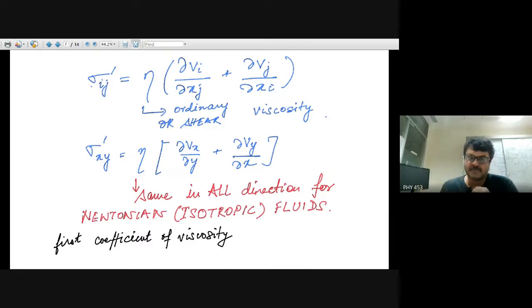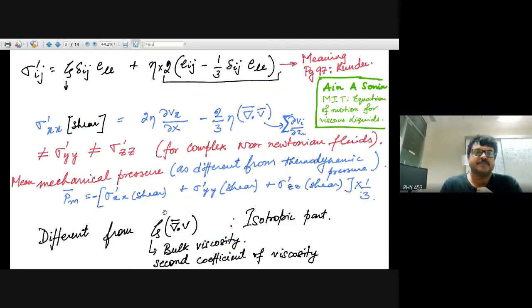But if you don't consider such cases, when you have a simple Newtonian fluid, that viscosity is the same and is independent of which plane you take. So this proportionality factor does not depend upon whether you're taking del Vx del Y or del Vx del Z. It's basically isotropic in all directions for normal Newtonian fluids.